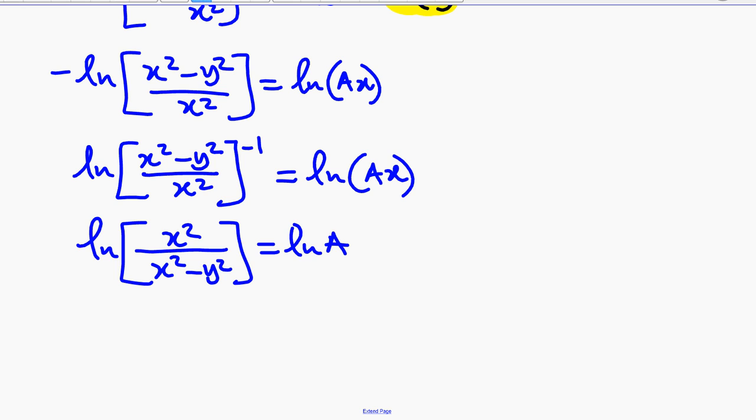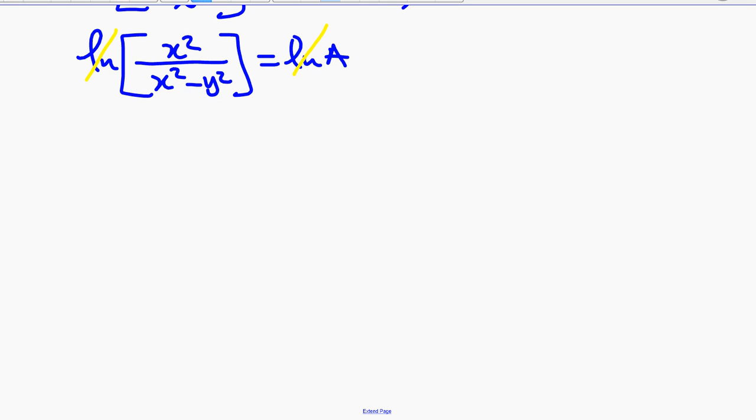These do cancel. So what you end up with is something like this: x squared over (x squared minus y squared) equals ax.